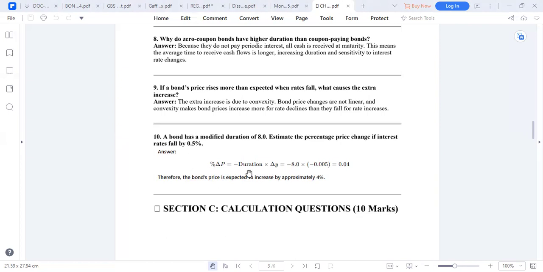So you multiply the duration, negative is part of the formula, times the change. The negative is there because it is a decrease. If there's an increase, we add a plus. So our final answer is 0.4, meaning the bond's price is expected to increase by approximately 0.4%.